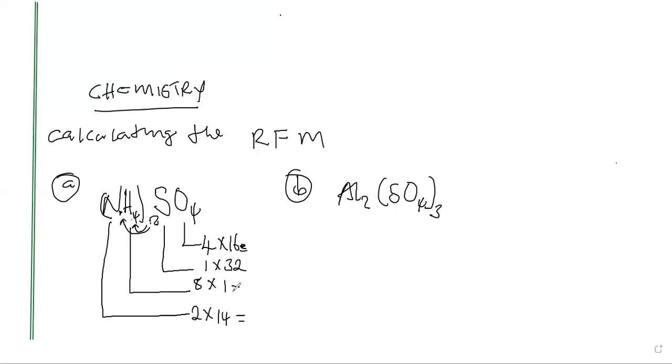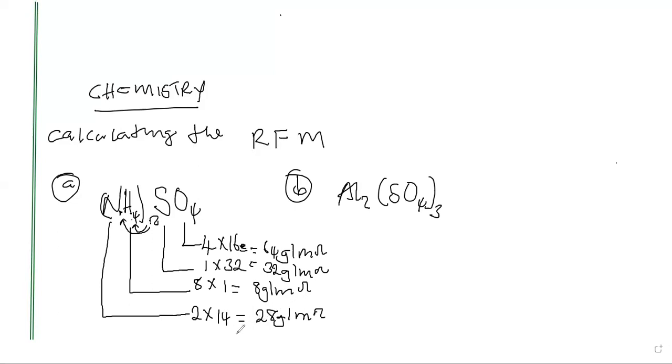You say this, you can now add them. So 4 multiplied by 16, you get a 64 gram per mole. Then 32 by 1, you get a 32 gram per mole. 8 by 1, you get 8 gram per mole. 2 by 14, you get 28 gram per mole.